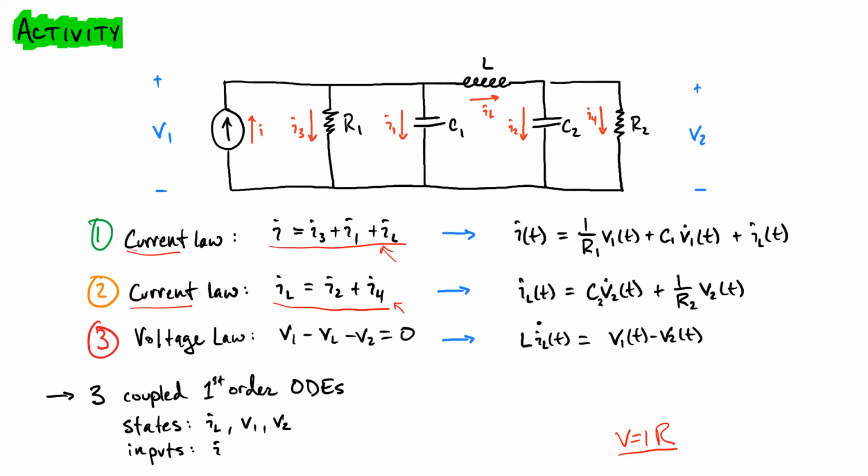So our last observation, which allows us to write down some equations, comes from Kirchhoff's voltage law. One reason this is interesting is that this inductor effectively splits the circuit into this part over here and this part over here, and those are in parallel with each other.